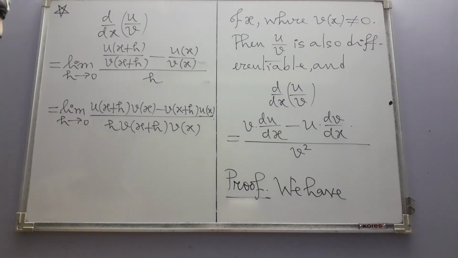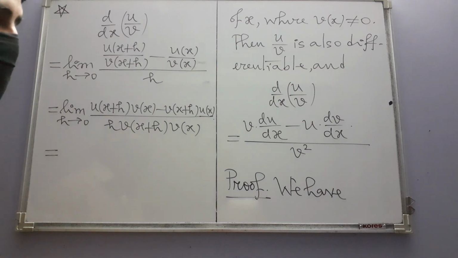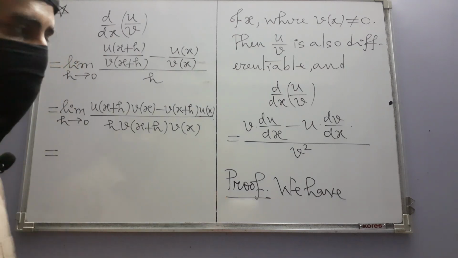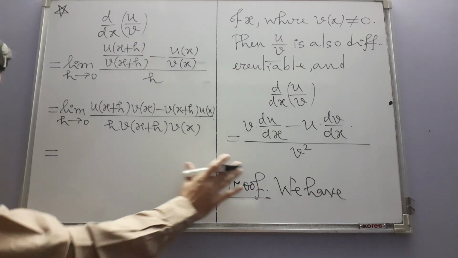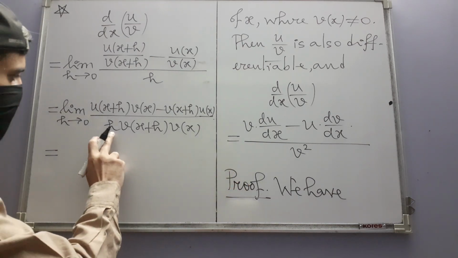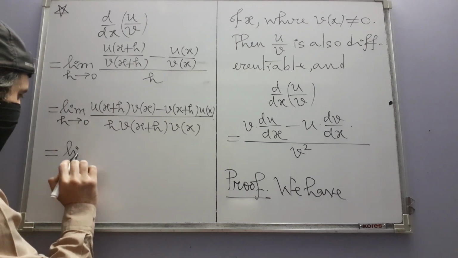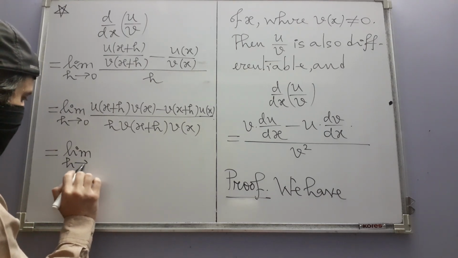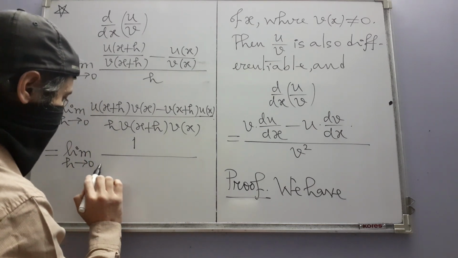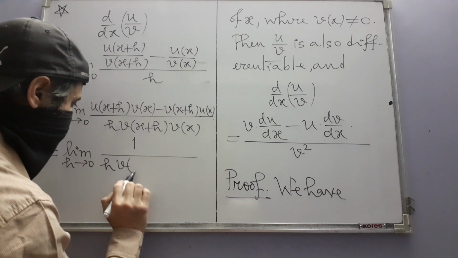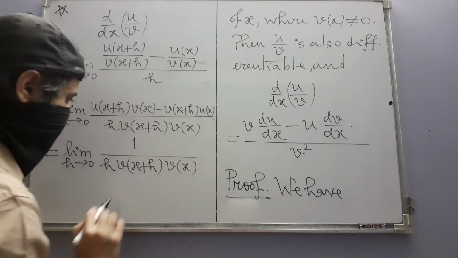Now here also we have to apply that middleman trick that I was talking about when proving the product rule. Because we have to write a somewhat long expression, this time also let's write this separately. So we write 1 over h times v of x plus h times v of x.